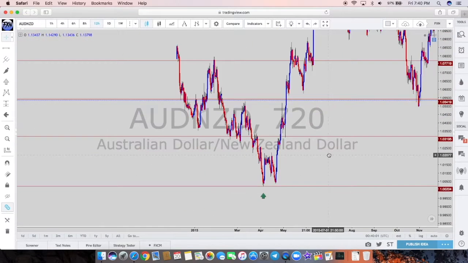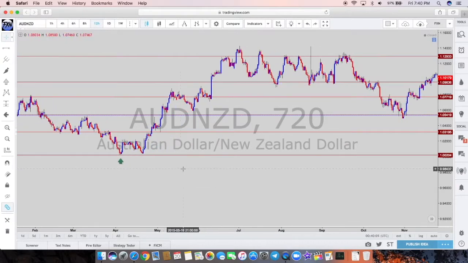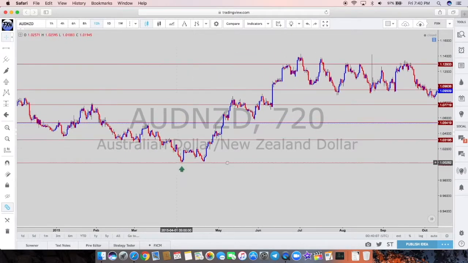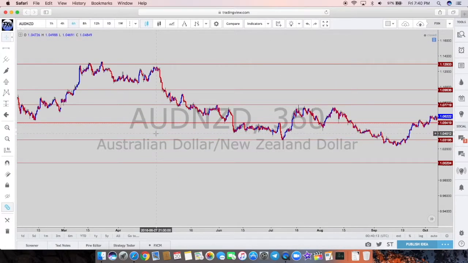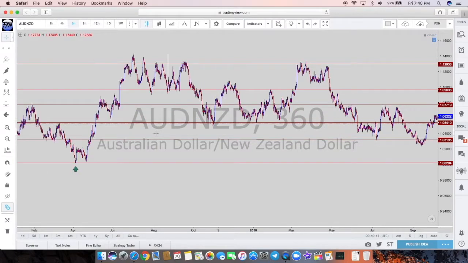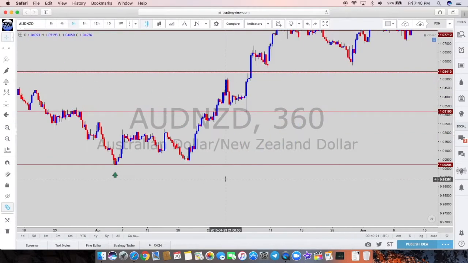And here's that area right there. Not too much has changed in that area on a 12-hour chart, so I'm going to go to a 6-hour chart. And let's take a look at it on a 6-hour chart.